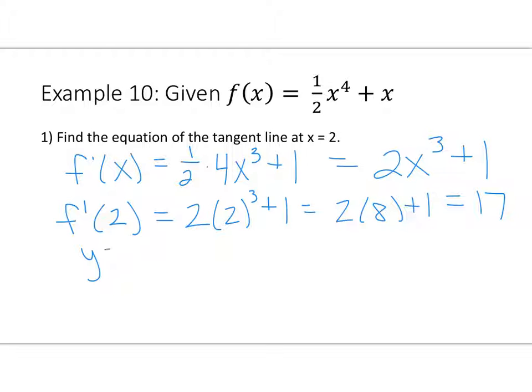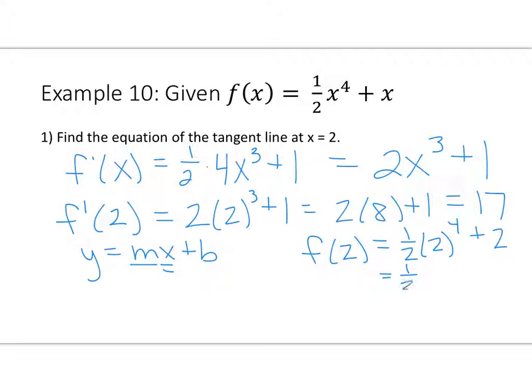So if I want to find y equals mx plus b, I know my slope, I know the x value is 2, I need to figure out what my y value is. So I also need to find f of 2 in the original function, so that's 1/2 times 2 to the fourth plus 2. So that's 1/2 times 16 plus 2, which is 8 plus 2, which is 10. So the actual point I'm using is (2, 10).